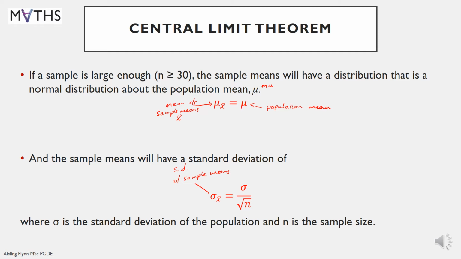So you can see also as n increases, it's a denominator, it's dividing. As that number gets bigger and bigger, the sigma x bar, that standard deviation, decreases.